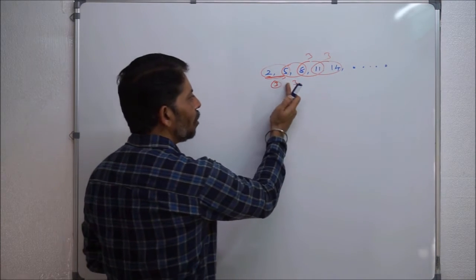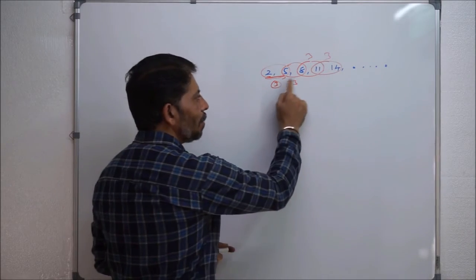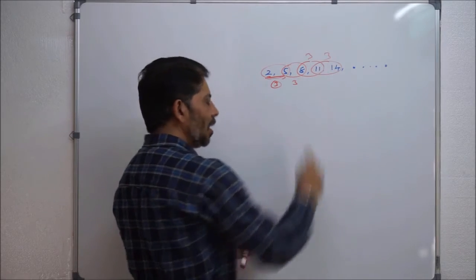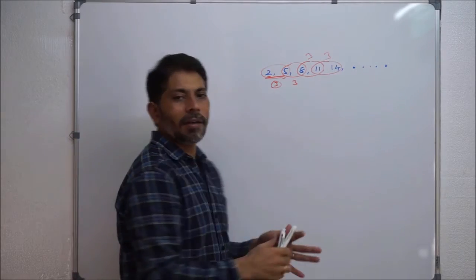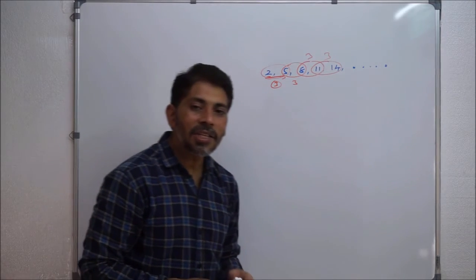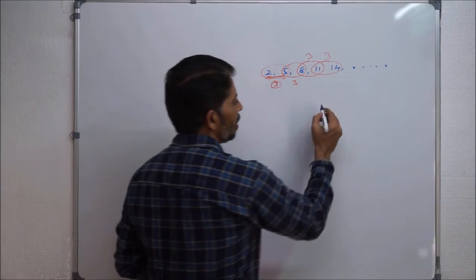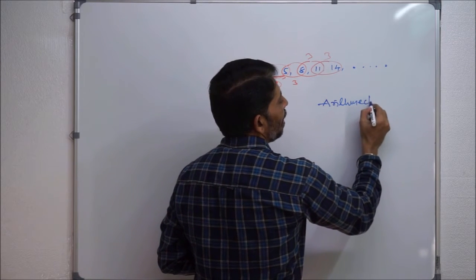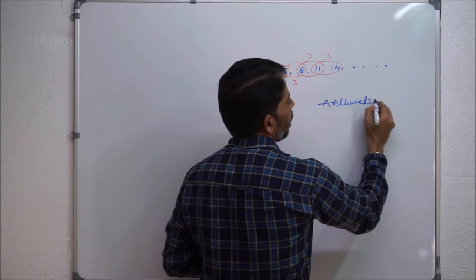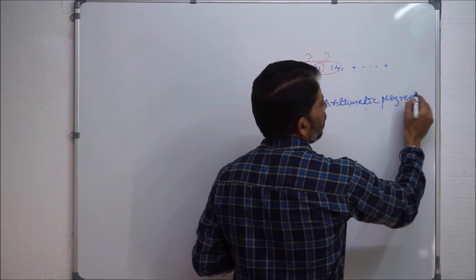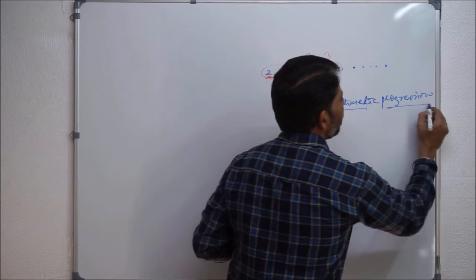That is here, T2 minus T1, 3, T3 minus T2, 3, T4 minus T3, 3. Likewise, the difference between any two successive terms in order is always the same. Such a progression is said to be arithmetic progression. So what is arithmetic progression?